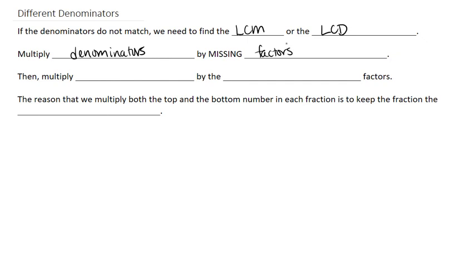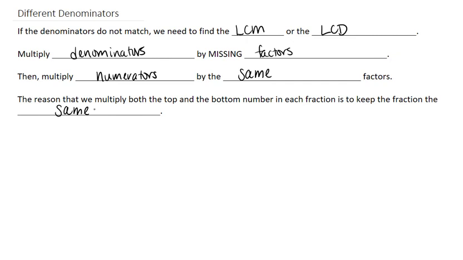Then we will multiply the numerators by the same factors. And the reason that we multiply both the top and the bottom number in each fraction is to keep the fraction the same.